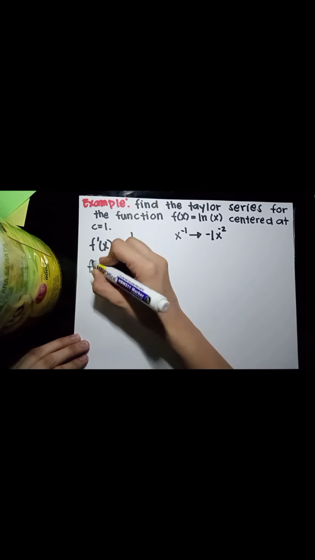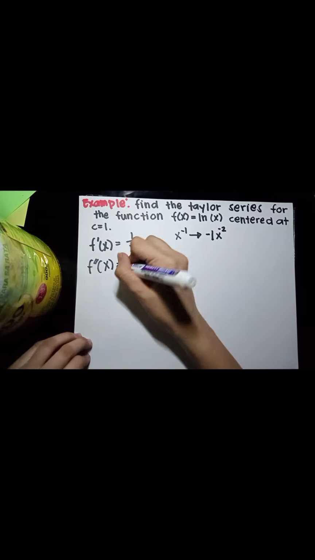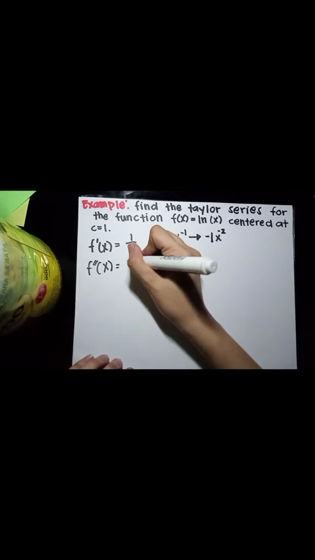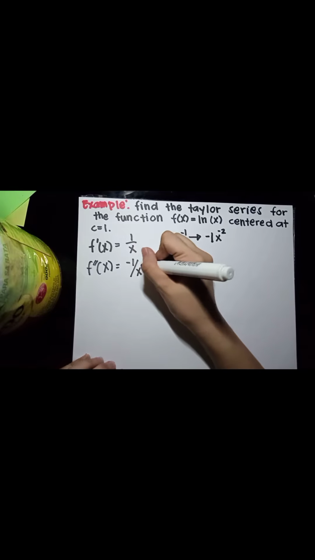So f double prime of x will be equal to negative 1 over x raised to 2.